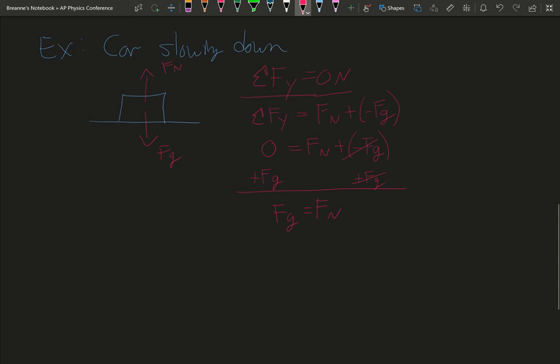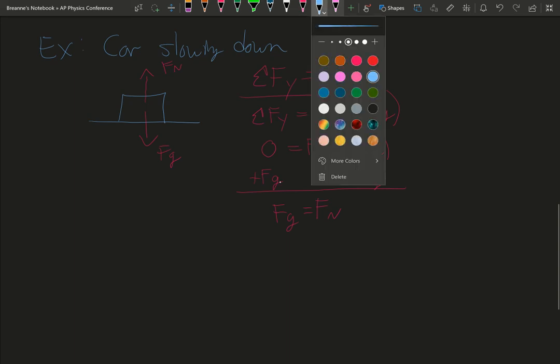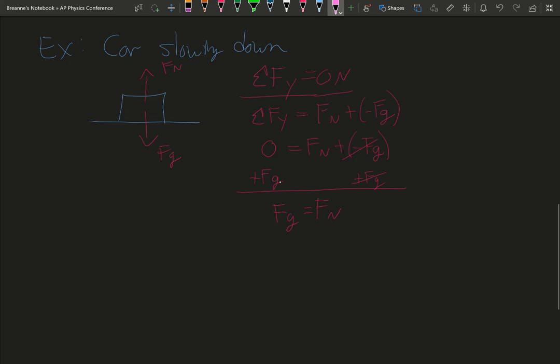So since they're equal, we know they're balanced. We already know that our net force is 0, and so we know that our acceleration is 0.